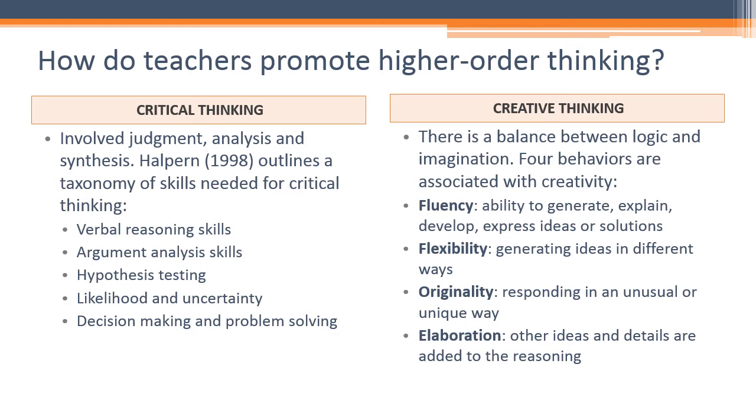So you have verbal reasoning skills, argument analysis skills, hypothesis testing, likelihood and uncertainty, meaning your ability to discern if that situation will have a likely result or not, and decision making and problem solving skills. So those are the skills, okay? So set of skills that a person needs so that he can carry out critical thinking, okay?